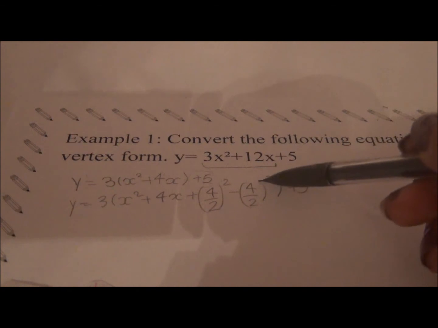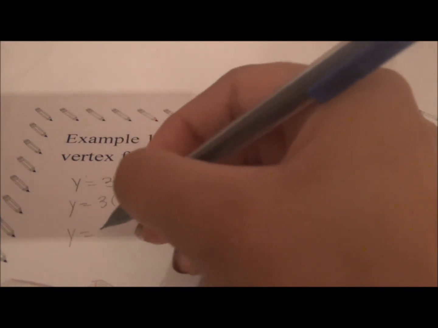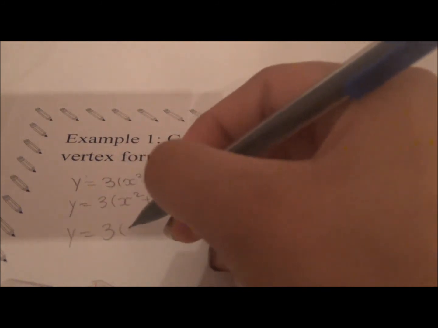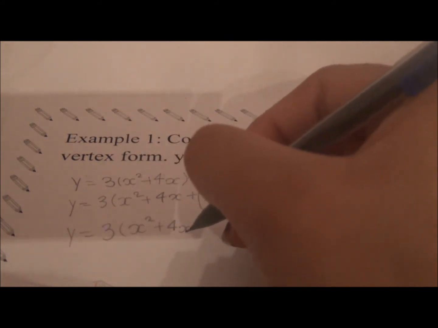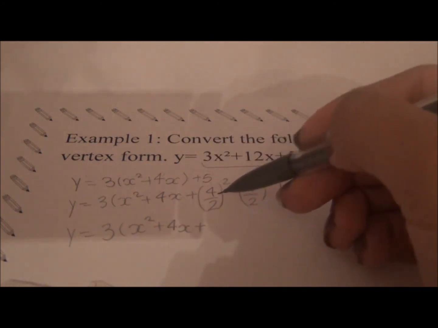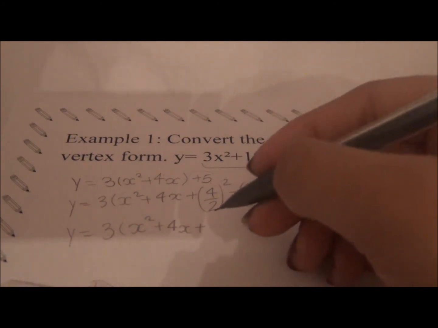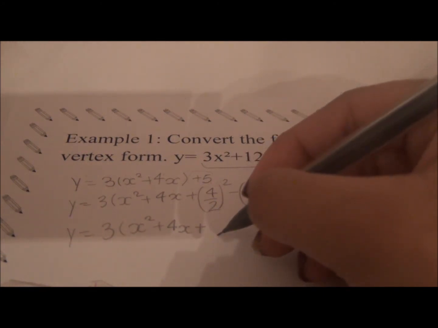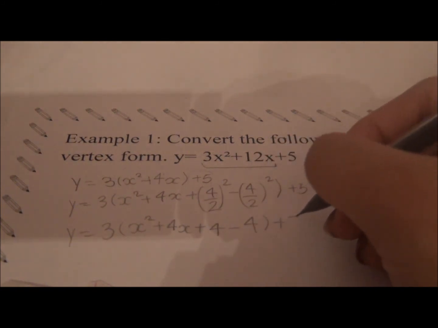So for the next step, I'm going to figure this out. So it'll be y equals 3(x squared plus 4x plus, so 4 divided by 2, which gives you 2 squared. So it'll be 4 minus 4 in a bracket plus 5.